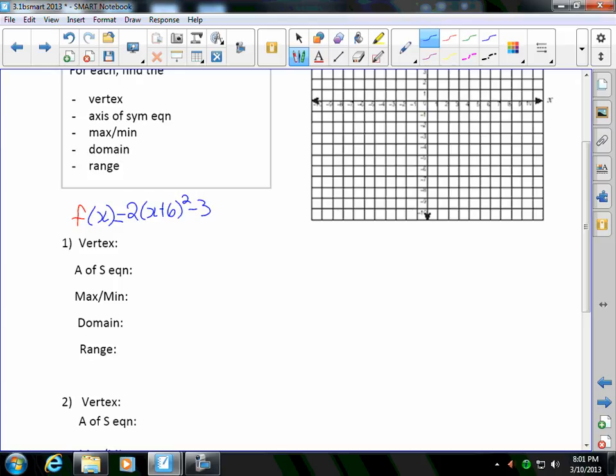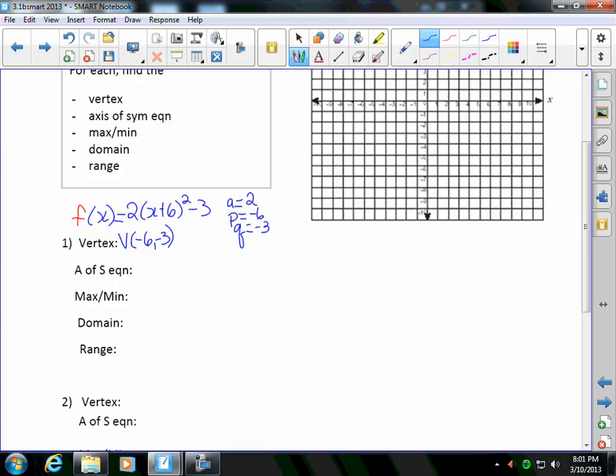Once you have those, you can fill in everything else and then do your graph. My a for this one is 2. My p is plus 6, so I do the mental switch, so it's negative 6. And my q is negative 3. So that means my vertex is at (-6, -3).